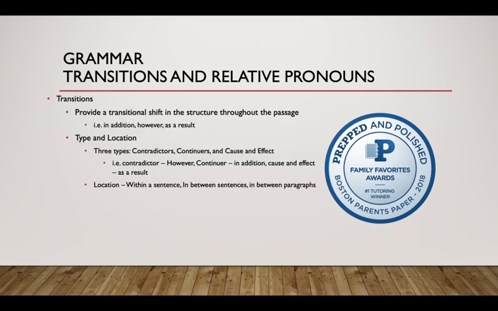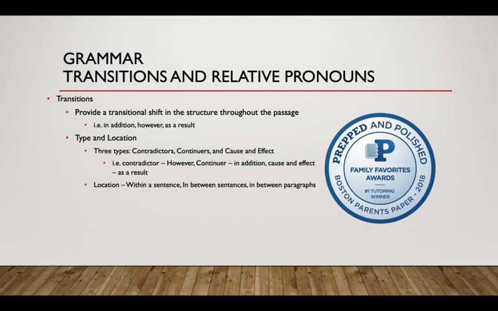And when we talk about transitions, they are ways in which we provide a shift, or transitional shift, between the structure of a passage, paragraph, sentence, what have you. And typically we see those in examples such as in addition, however, or as a result.